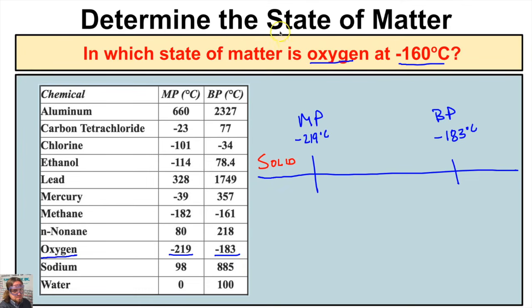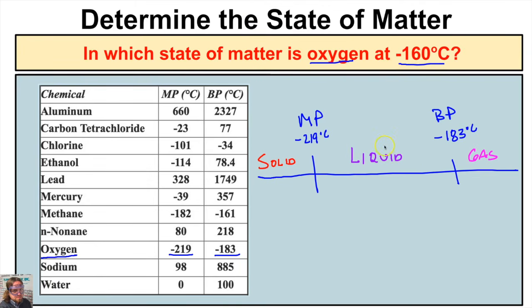And every temperature that is between the melting point and boiling point here will be in the liquid state. And every temperature that is higher than negative 183 will be in the gaseous state, will be a gas right here. So we have to figure out, where is negative 160 on our number line right here?